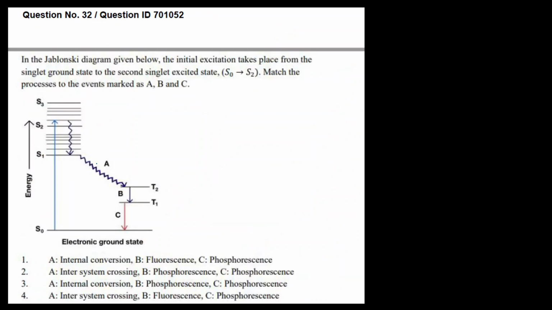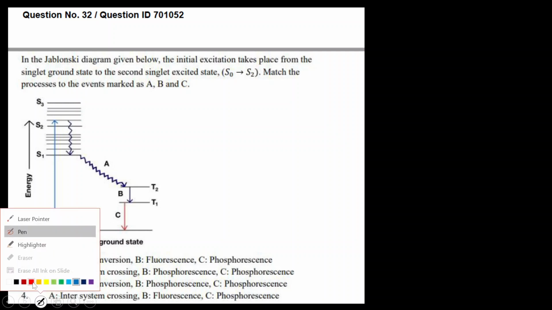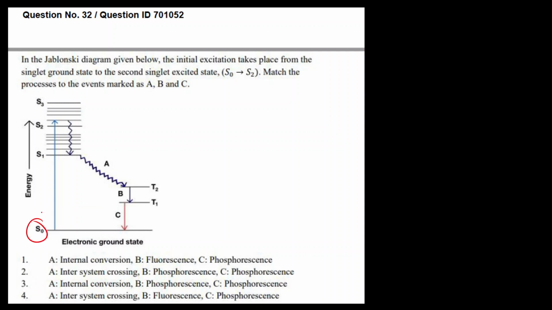Next one. This is a Jablonski diagram. First step is, we know when the electron transition takes place from S0, that is the ground singlet, to any of the excited states, this is absorption.